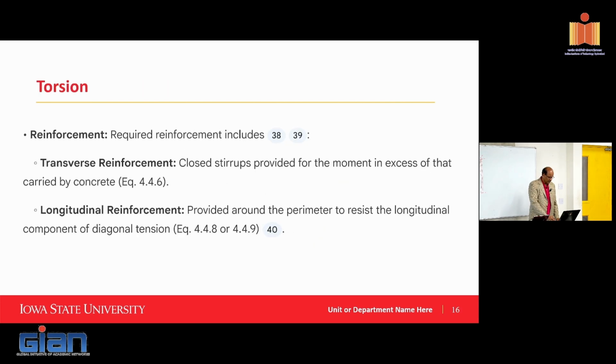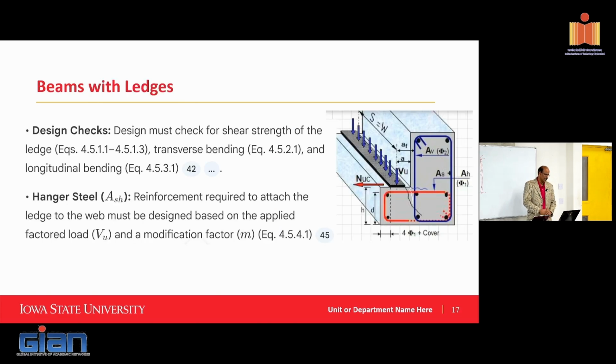Let's see, what do I have? Okay, I talked about the different types of reinforcement requirements. Beam with ledges, so this is the L beam. If you're supporting a beam or a slab or a floor system here, that's where the load comes in.